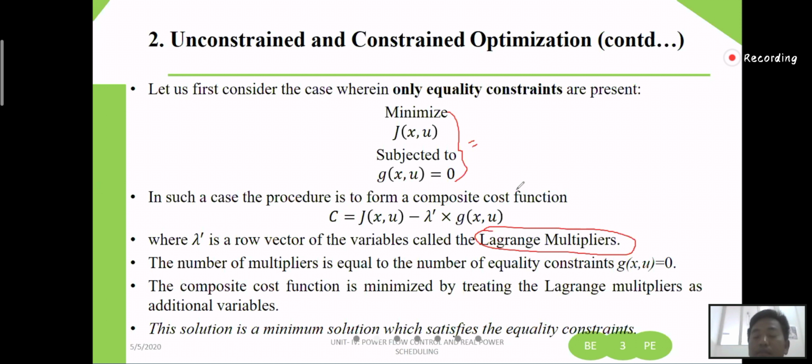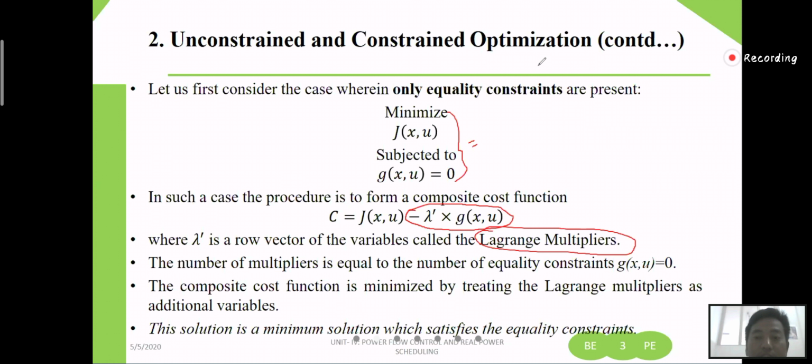C is a composite cost function, which will be equal to the function J(x, u) to be minimized, minus λ'. Some use lambda dash, some keep it as lambda only. It's fine, whatever it may be, λ' into g(x, u), where this λ' is a Lagrange multiplier.